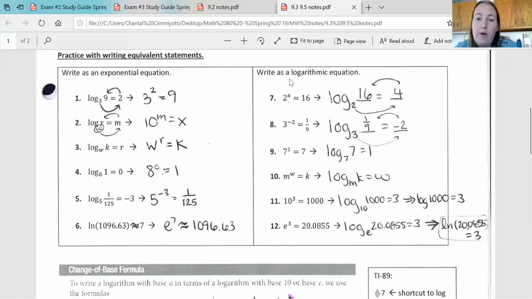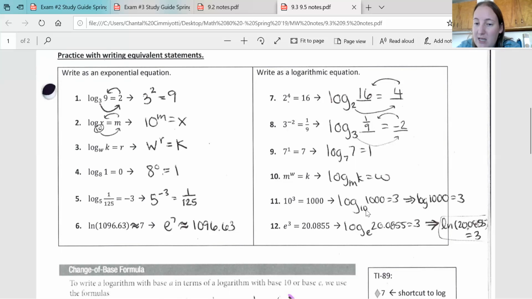You can also go from an exponential to a log. I do this by setting up log, putting my base, putting some blanks, and then filling them in as I go through it. So 2 to the 4th is 16. 3 to the negative 2 is 1/9. 7 to the 1st is 7. M to the W is K. 10 to the 3rd is 1,000.